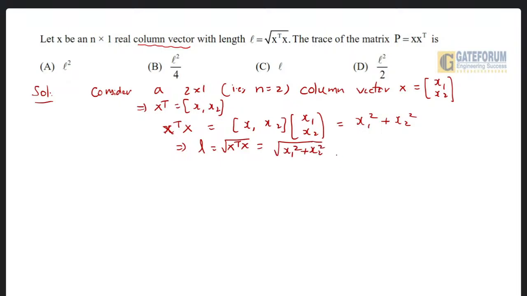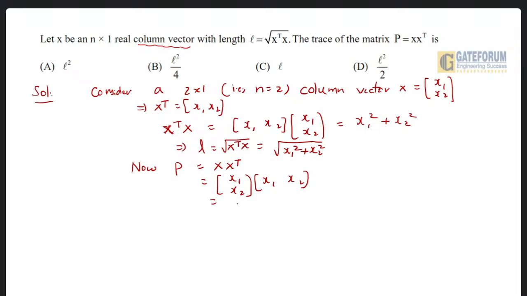Now, only option C contains L, the remaining options have L square. Let us see. Matrix P is defined as x into x transpose. x is the column matrix x1, x2, and x transpose is the row matrix x1, x2. So this is 2 into 1 times 1 into 2, giving a 2 cross 2 matrix.